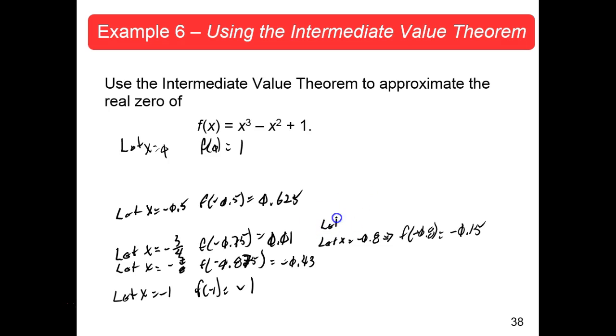Let x equal negative 0.76. f of negative 0.76 is... what do you get?